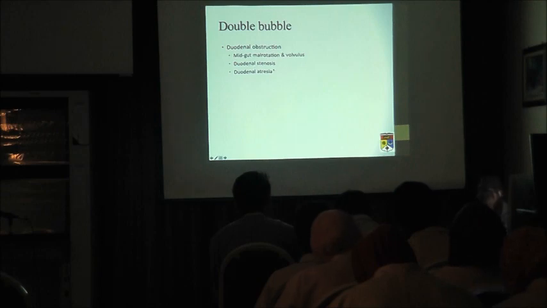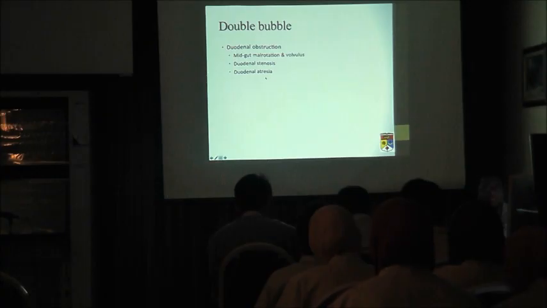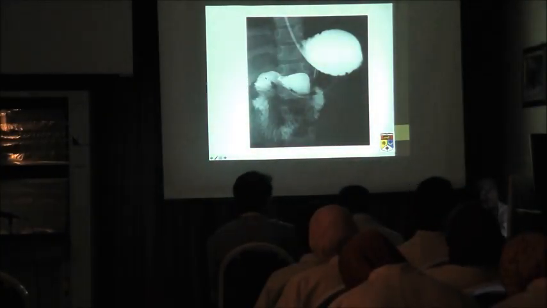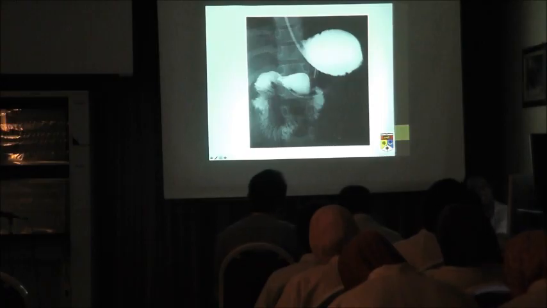In the duodenum itself, there is some stenosis, another narrowing of the lumen of the duodenum, or its absence altogether. So we call it duodenal atresia, and there is still no connection to it. So, okay, what study is this?